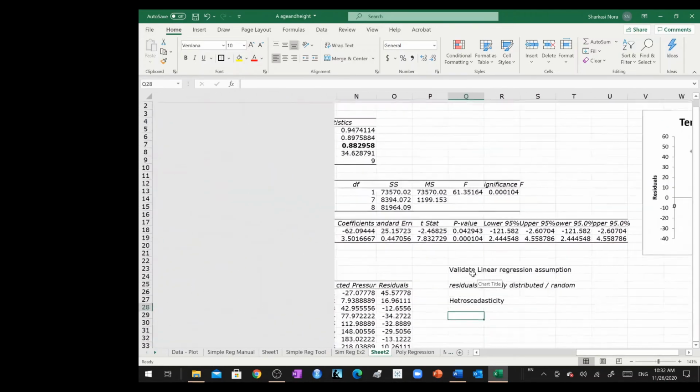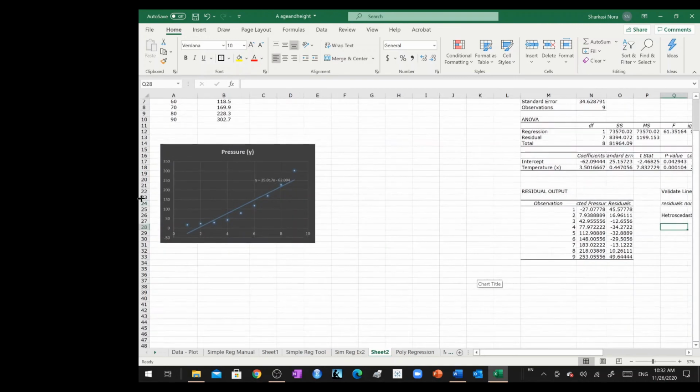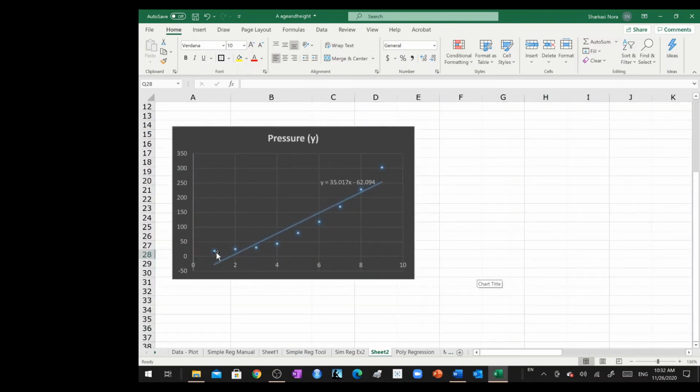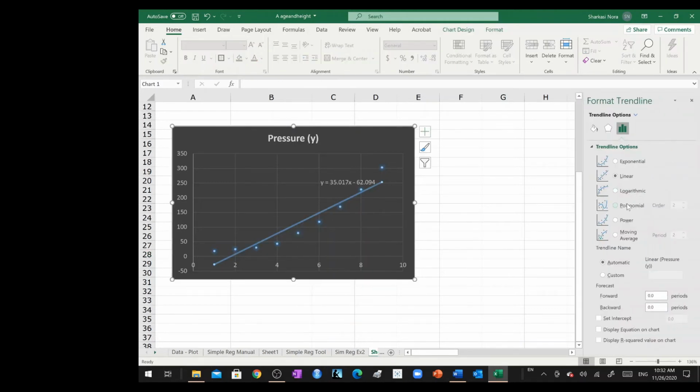So basically this also means that when you are plotting the dependent variables here, you can see the slope here, if we draw a better fitted line, a line that is polynomial.